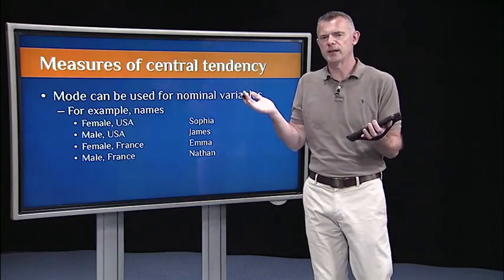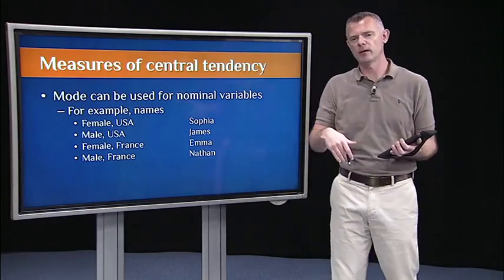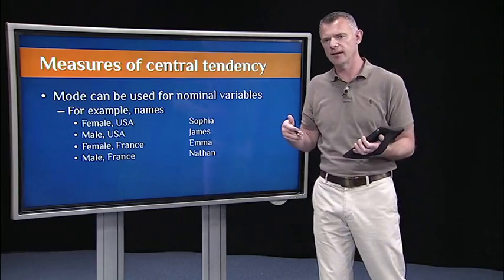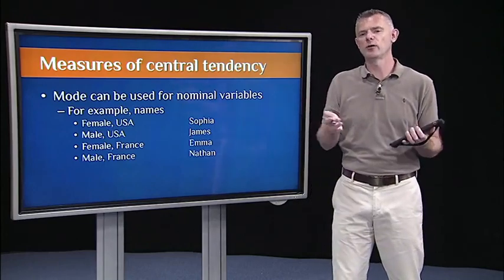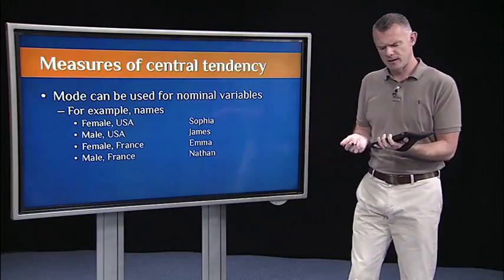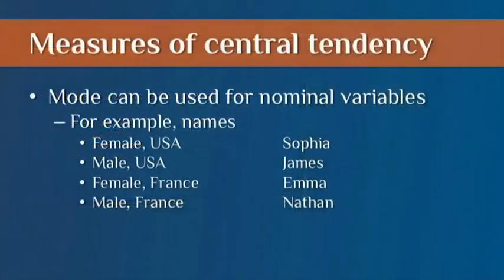So what I did for fun is I just took these countries that we've been playing with, the US, France, Argentina, Australia, and I just said, well, in the last year, what are the most common or modal baby names? These really surprised me. I don't know if my source is accurate. But in the US, the most common female baby name in the last year is Sophia. Most common male name, James.